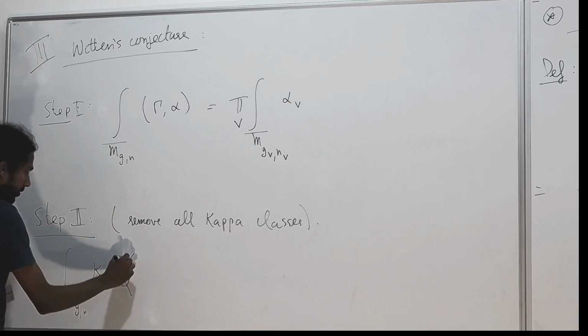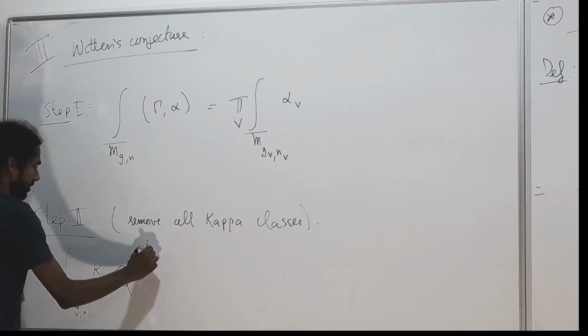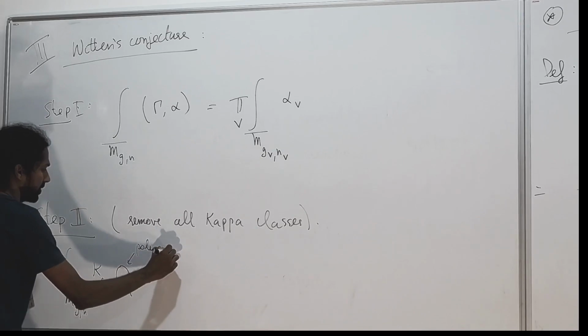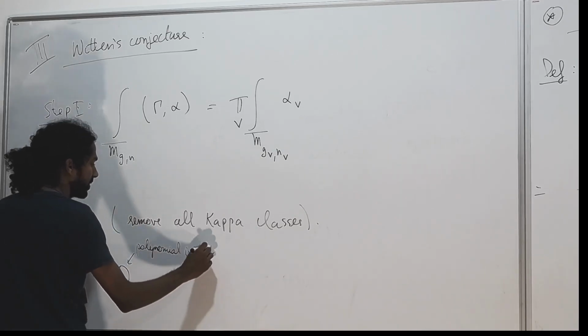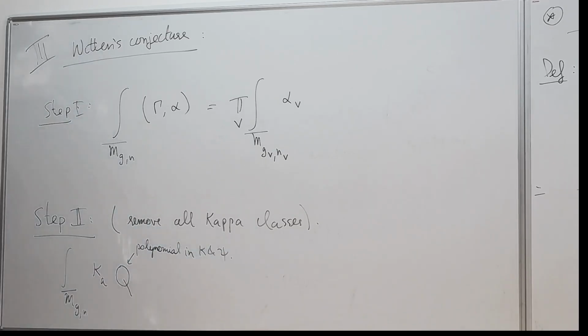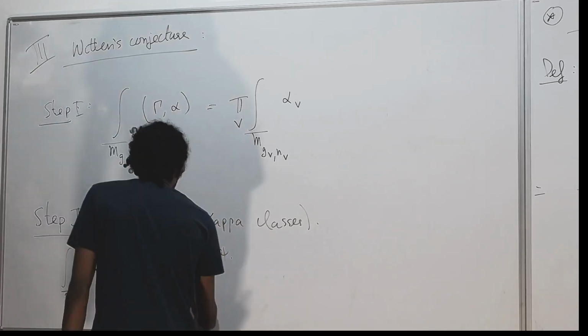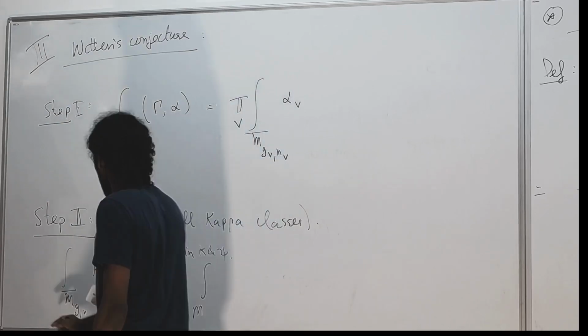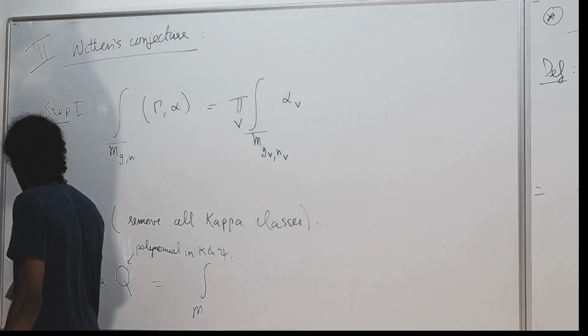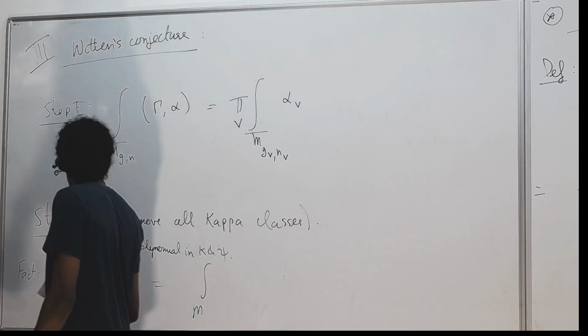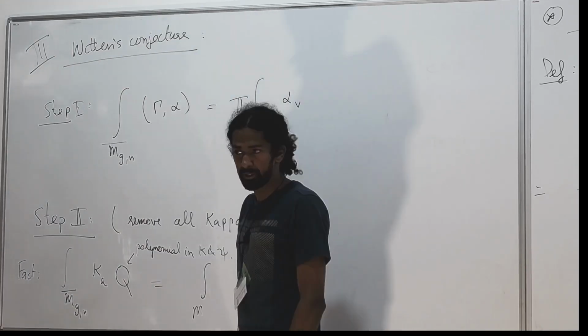Q is going to be a polynomial in kappa and psi's. This you can actually compute. This is a fact, maybe a proposition. There's at least a prescription that you can use.